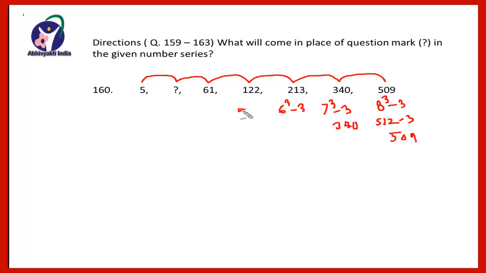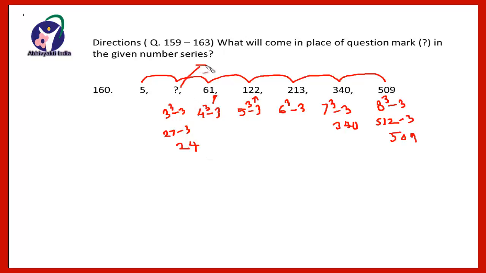Then next is 5 cube minus 3, that is 122, and then next is 4 cube minus 3, that is 61, and therefore next should be 3 cube minus 3. 3 cube, that is 3 threes are 9 and 9 threes are 27, 27 minus 3, that is equal to 24.